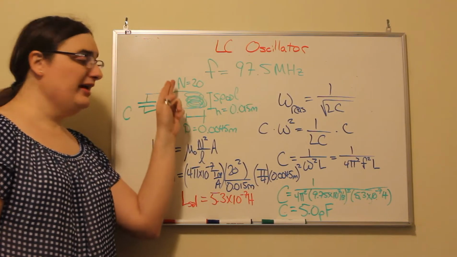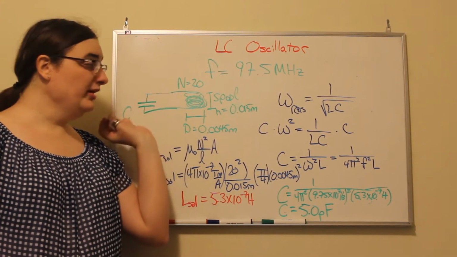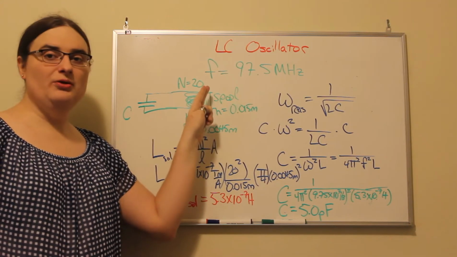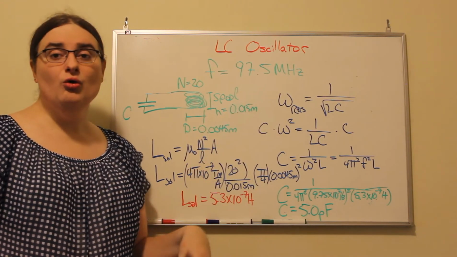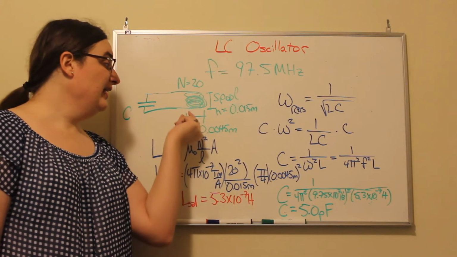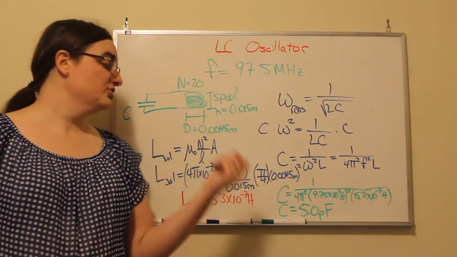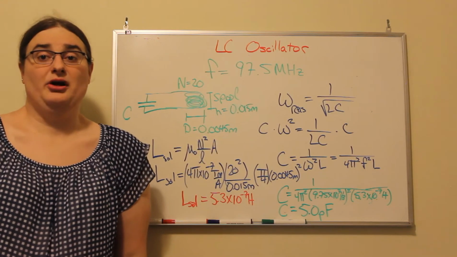We're told that we have a coil of wire that's made with 20 turns wound around a small spool that happens to be 1.5 centimeters long, a distance of 0.015 meters. And in diameter, it's only 4.5 millimeters, so 0.0045 meters in diameter.